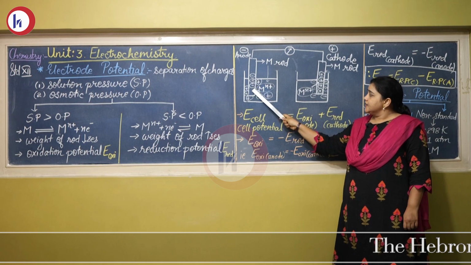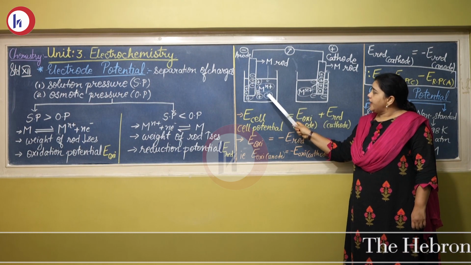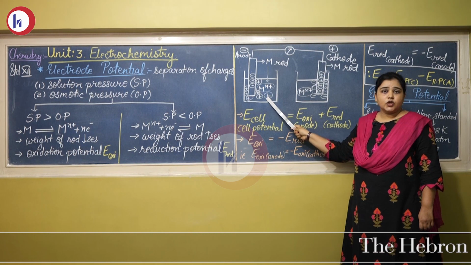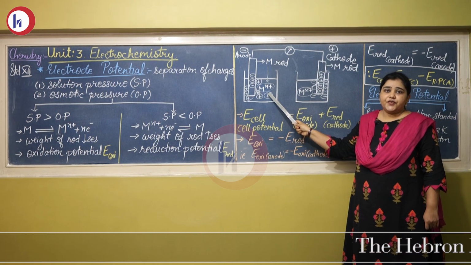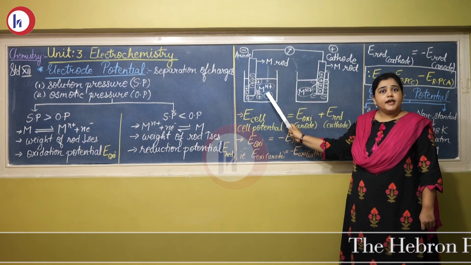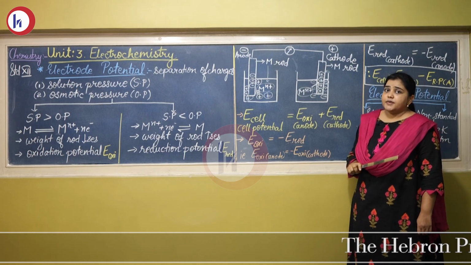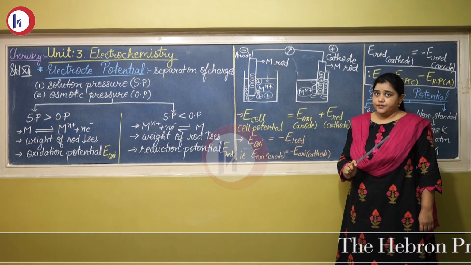And due to this accumulation of electrons on the metal rod and the accumulation of positive ions in the solution, a potential difference develops between the metal and the electrolyte junction, and this potential difference is termed as oxidation potential.